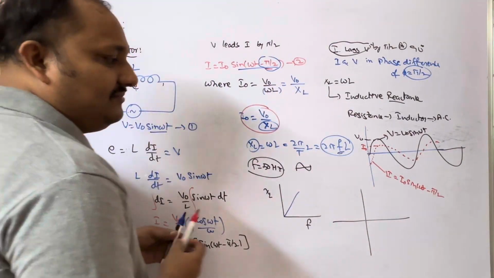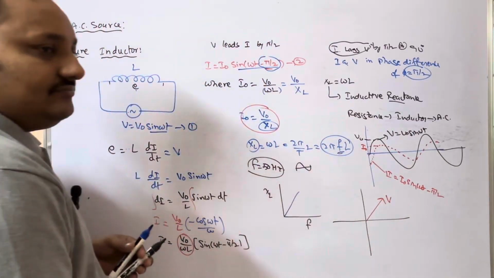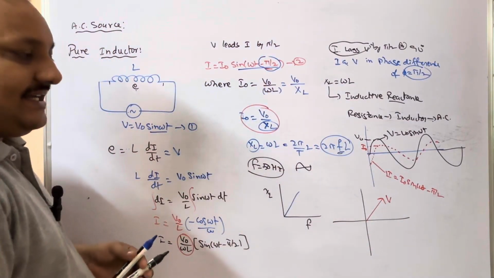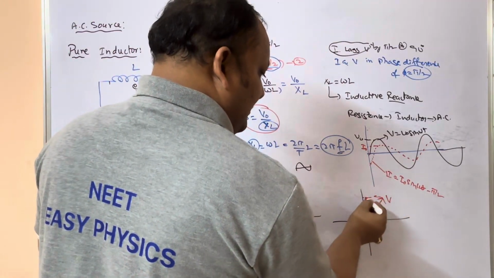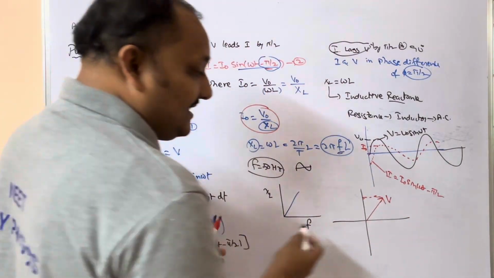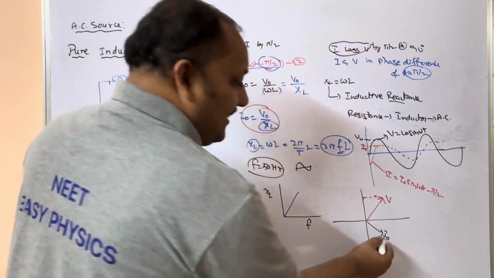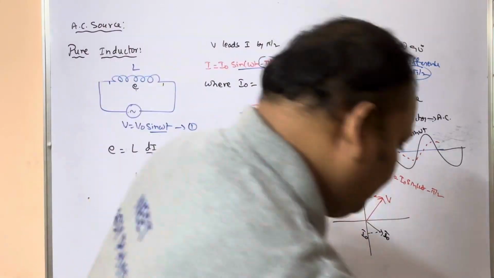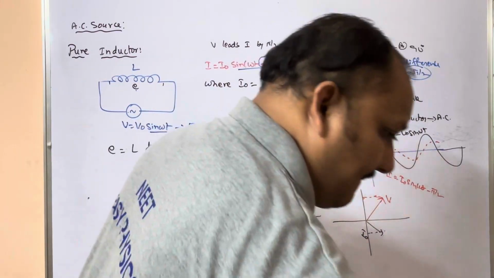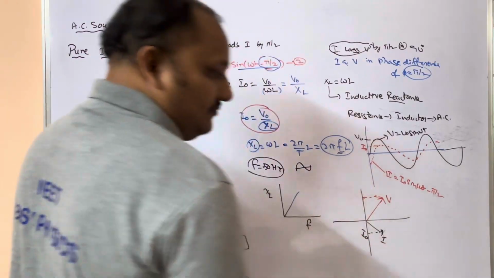Next, the phasor diagram. If you represent voltage in this direction, where do we represent current? Current lags. This is going to be I, this is I naught. So current lags.